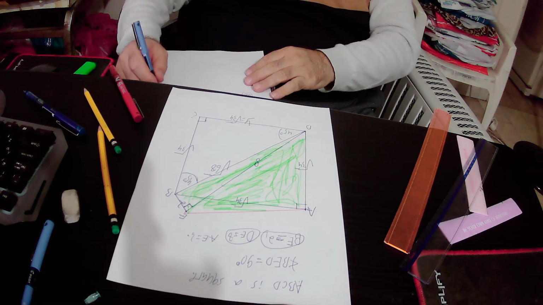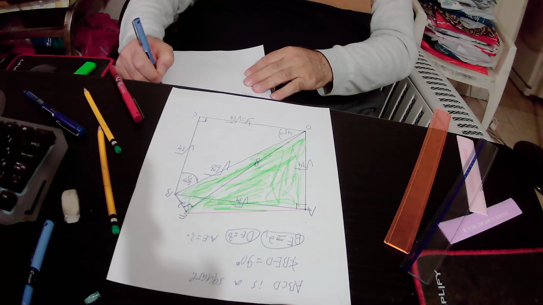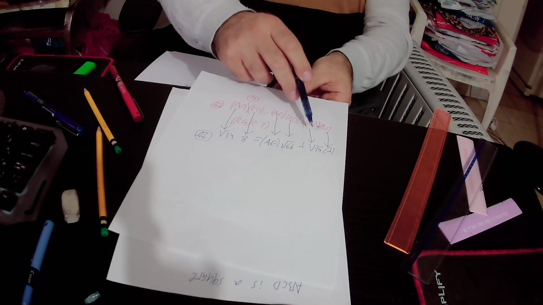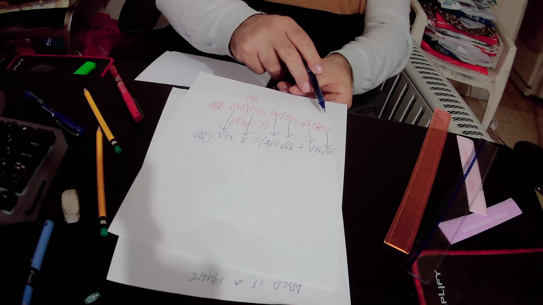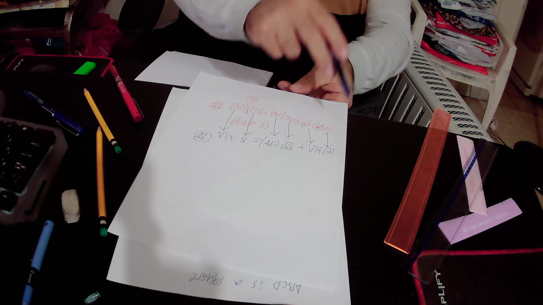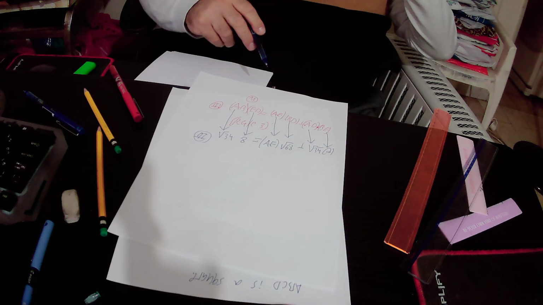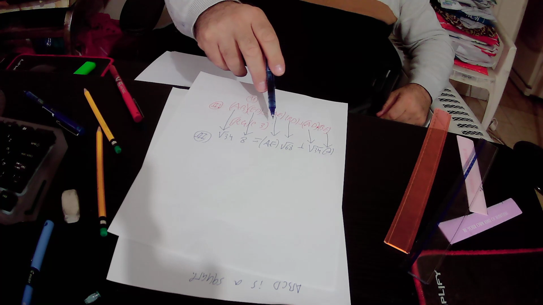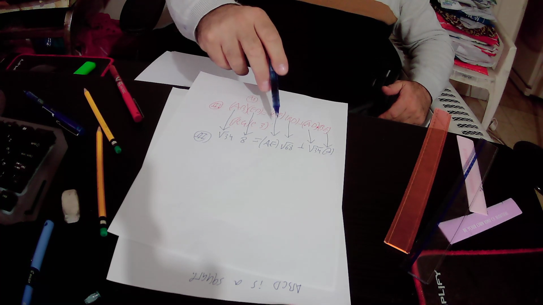It is given to us in the question. So we have only one variable that is missing, that is line segment AE, the line segment that we are looking for.